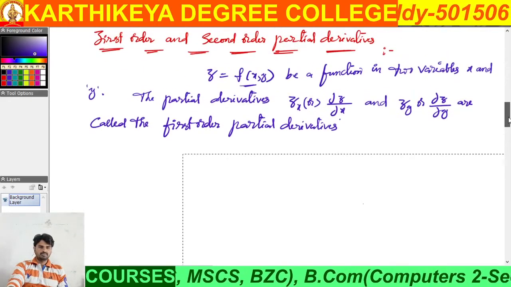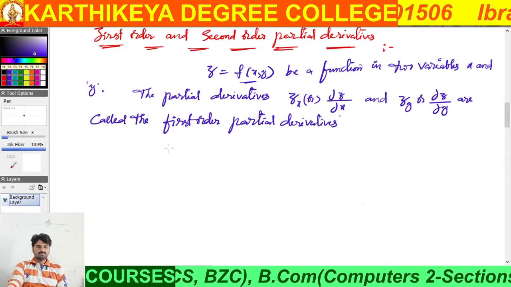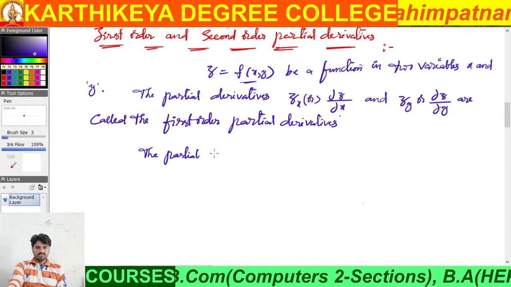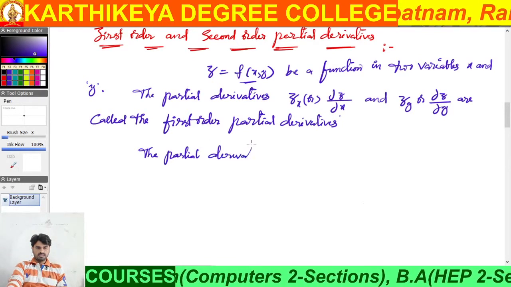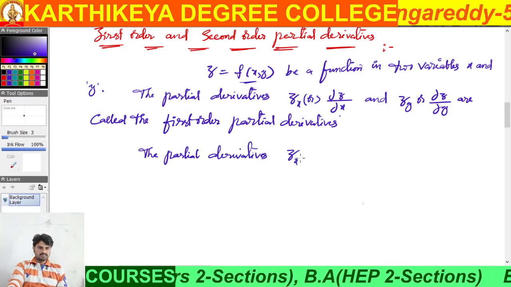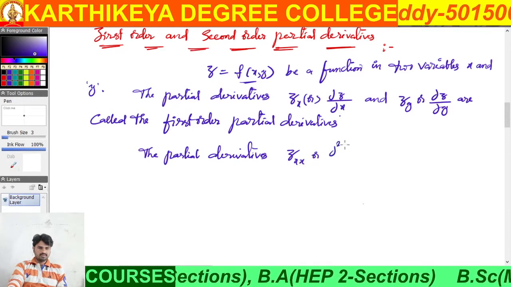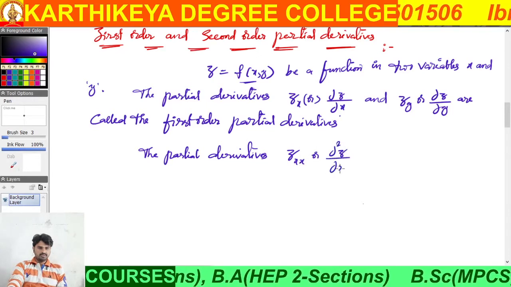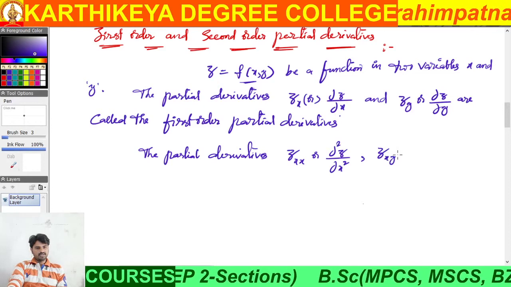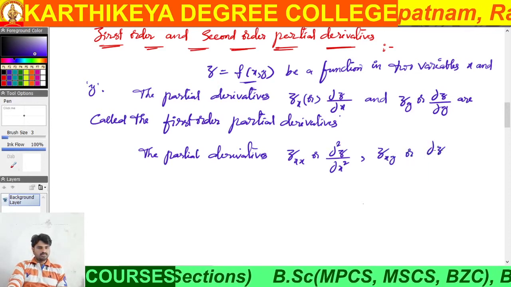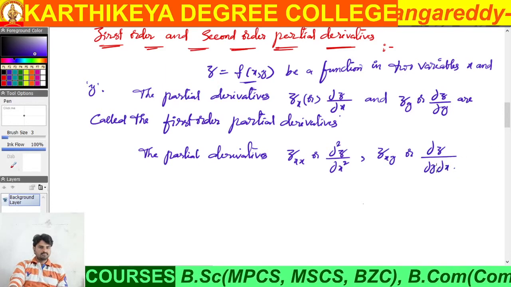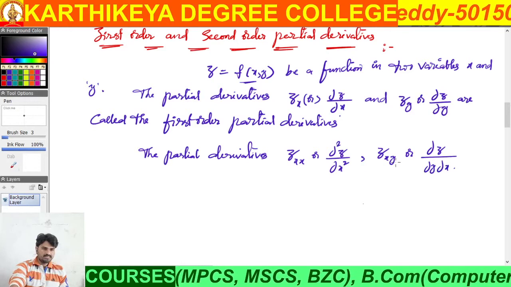The partial derivatives z at x x, which can be written as dou square z by dou x square, comma z at x y, which can also be written as dou square z by dou y dou x, first x after y.